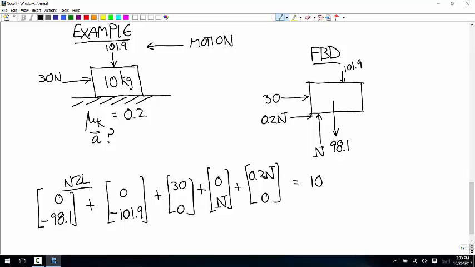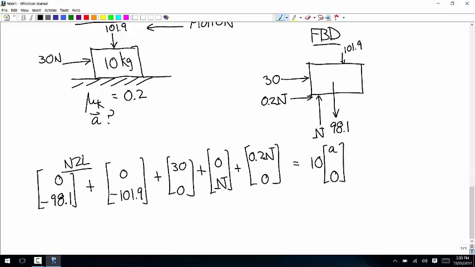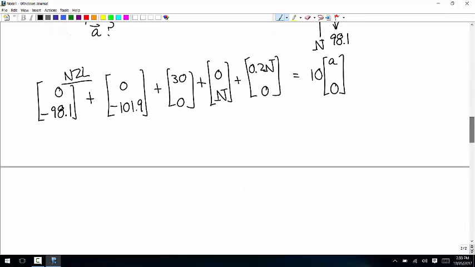This can only move horizontally again, so the acceleration vector is (a, 0). The y equation says -200 plus N is equal to 0.